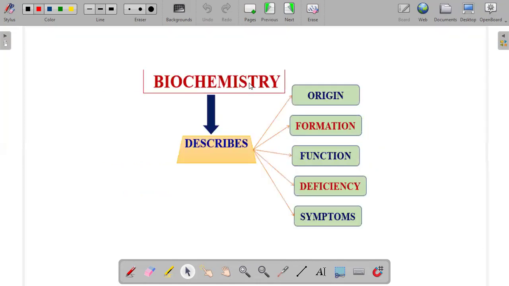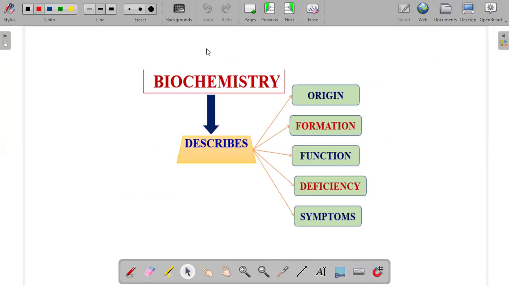Okay, so notice that we are going to be looking at the origin, the formation, the function, deficiency, and some of the symptoms that you're going to have in some of the biomolecules that you're going to be studying.